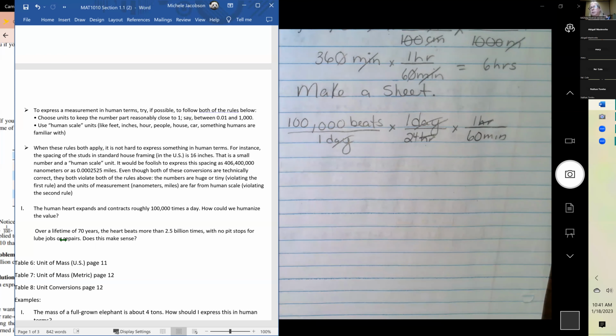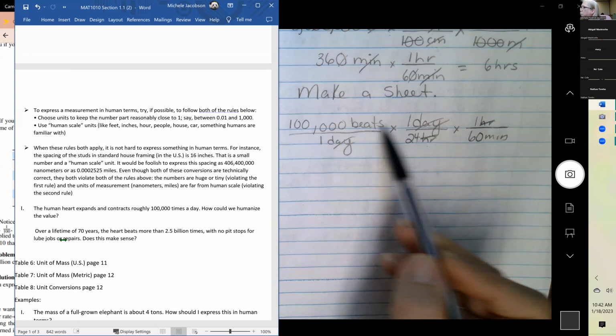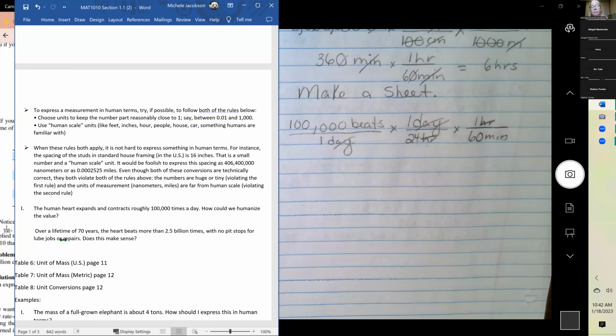When you're doing a rate, this would be a rate of change. Beats per minute, per means divide. So beats a day means day would be in the bottom.